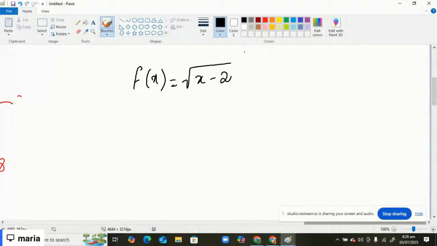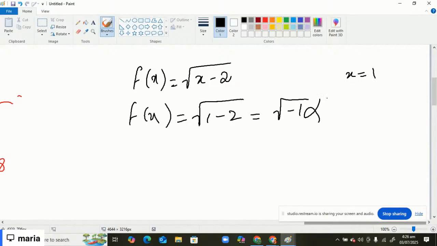It means that your x value should be greater than 2, or it may be equal to 2, because x minus 2 must be greater than or equal to 0. It may be greater than 0 or equal to 0. It's not less than 0 because it should not be negative. For example, if I put x equal to 1, what is the answer? 1 minus 2 is negative 1, the square root of negative 1. So this is not applicable for the domain.